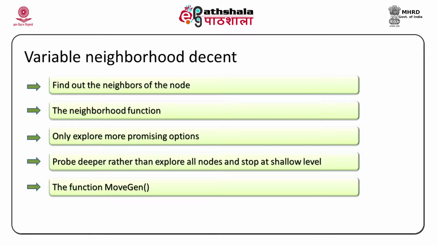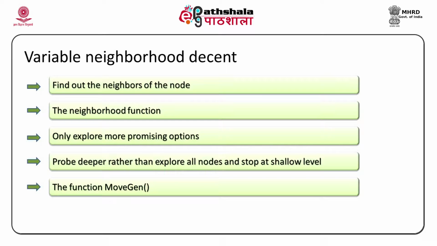If the number of children that you produce is small, it is called a sparse neighborhood, and if I have a large number of nodes, it is called a dense neighborhood. The function which gets me that is called the neighborhood function.